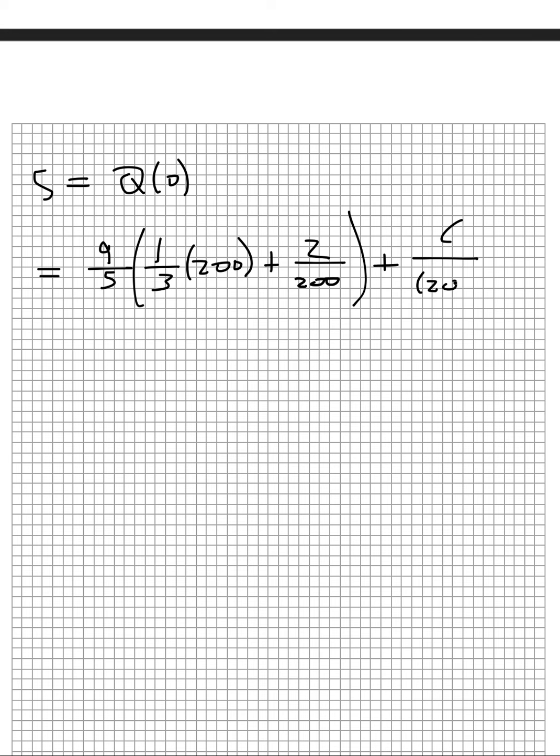So after applying the initial condition, we end up with 5 equals q of 0, all right? And that's going to equal 9/5 times 1/3 times 200 plus 2 over 200, okay, plus c over 200 squared.